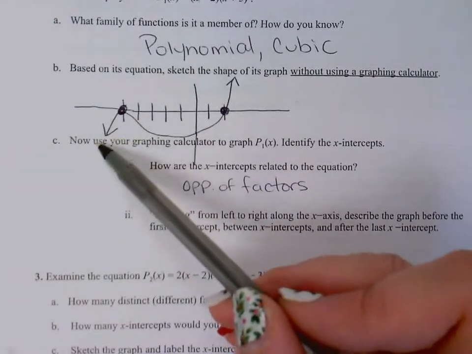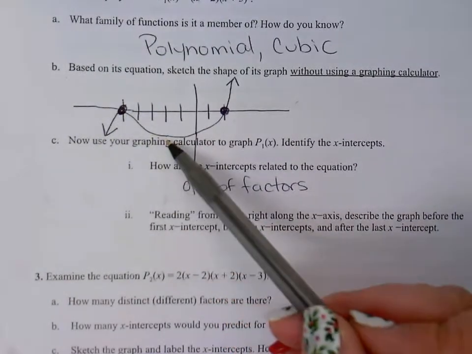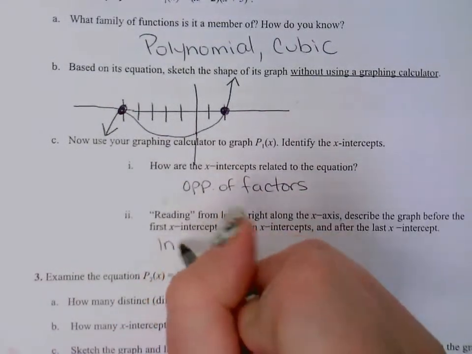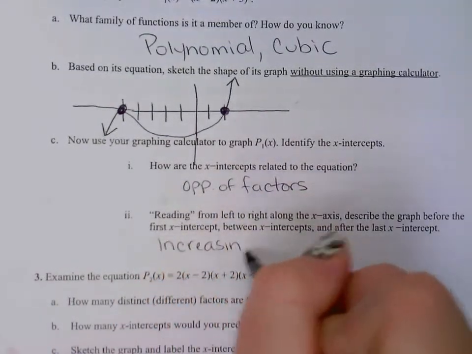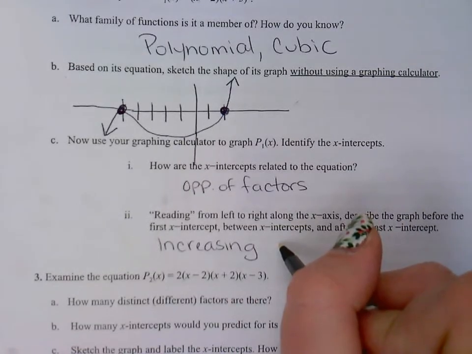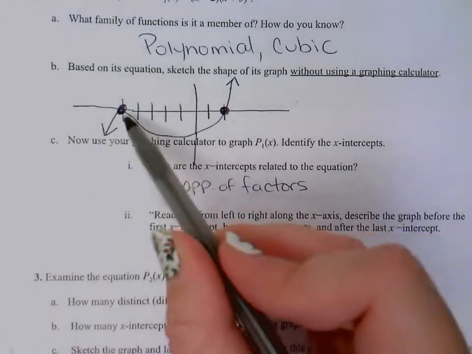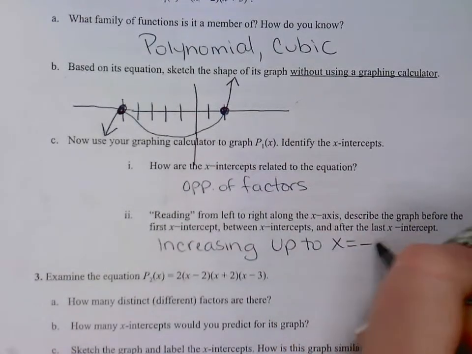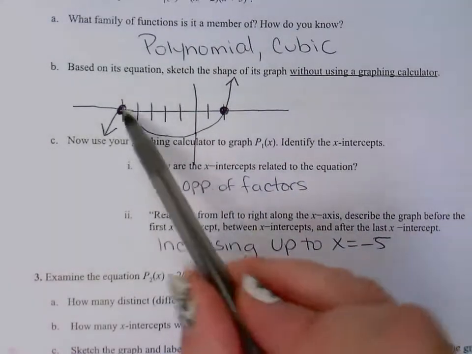It just means like, hey, you're increasing, then you're decreasing. So from left to right, you know, you're increasing when x is to the left of negative 5, right? Up to x equals negative 5. You'd have to find the minimum, right?